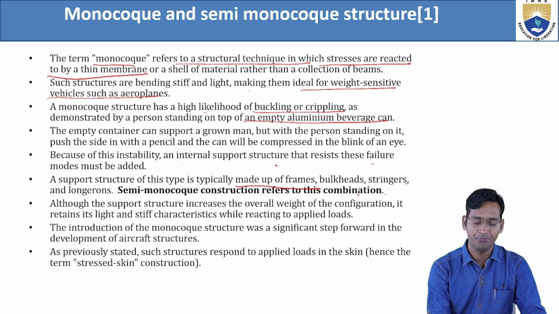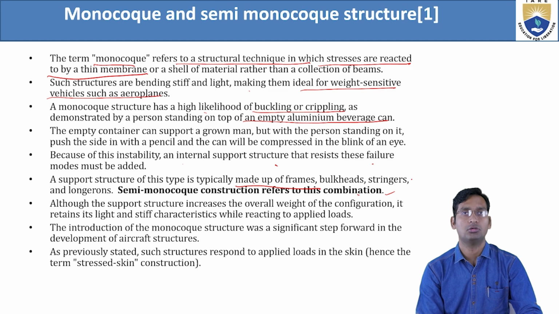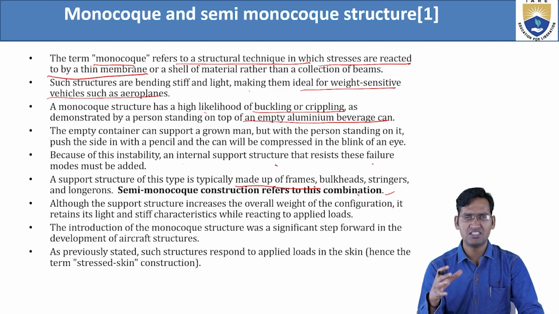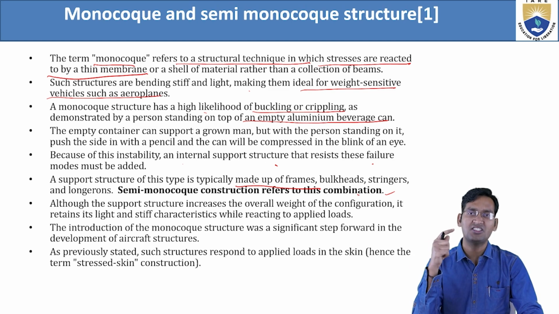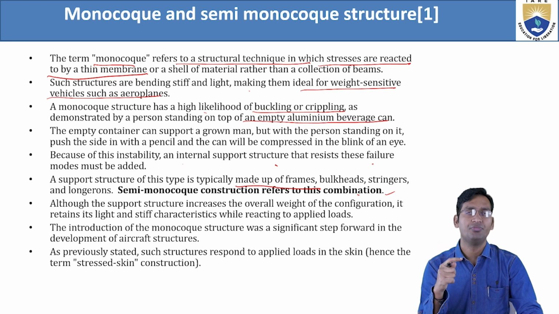So that is called the semi-monocoque structure. Monocoque means the structure in which the skin transfers loads to the other members, and from the inside you can see that it is hollow. And in monocoque, if we add structure like frames, bulkheads, stringers, then it becomes semi-monocoque.